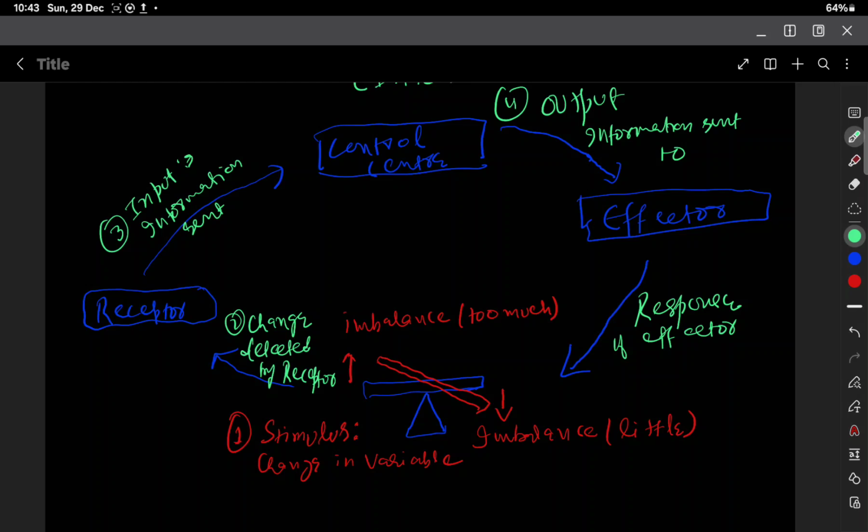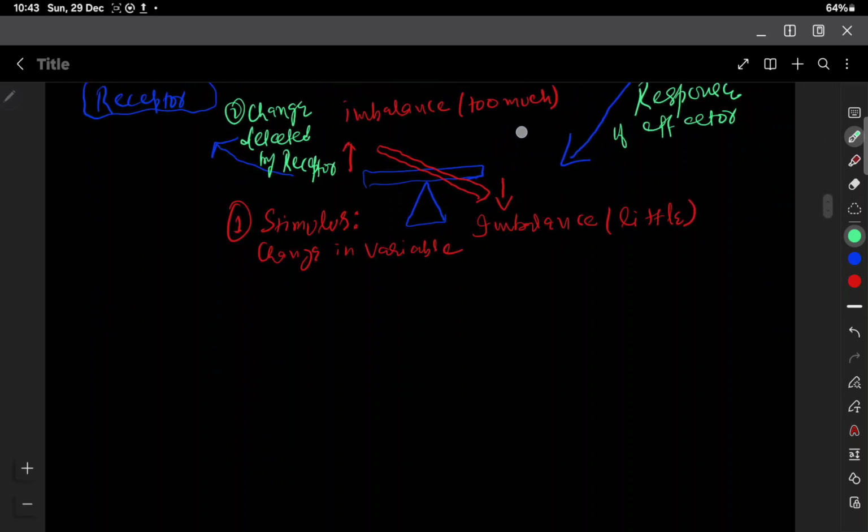If there is any imbalance in a normal function of the body, that is given as a stimulus. This change is detected by the receptor, which gives the information to the control center, which gives output to the effector, and then the effector changes that variable. That is called homeostasis.